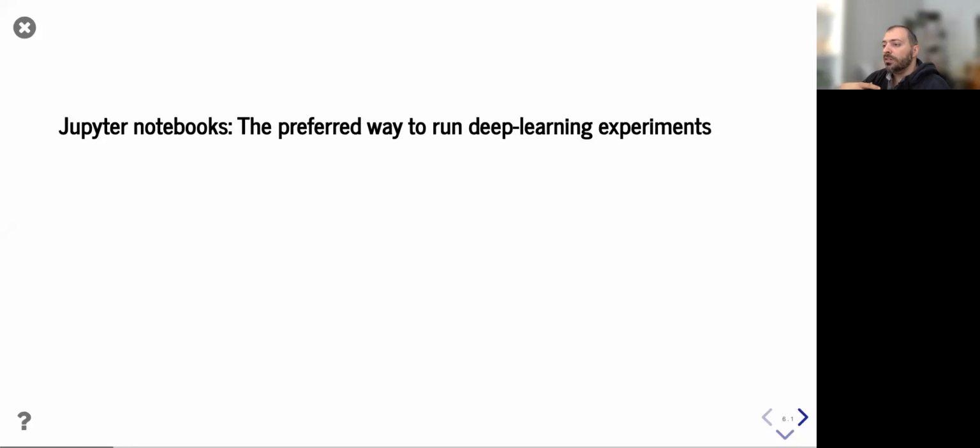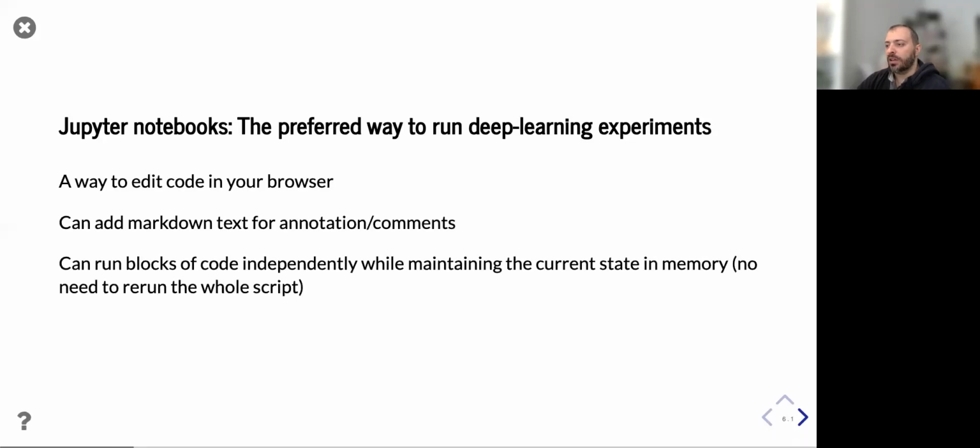Now we will see how to run the code. Based on the book, the preferred way to run your deep learning experiments is Jupyter notebooks. In case you're not familiar, we will see what Jupyter notebooks are today. It's a way to edit your code in your browser.